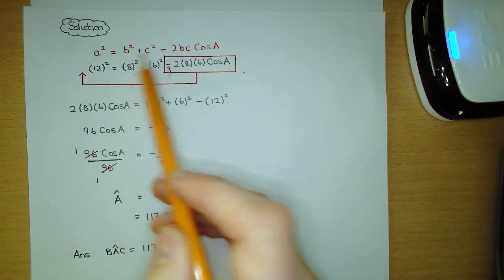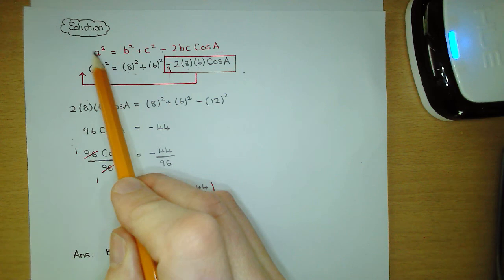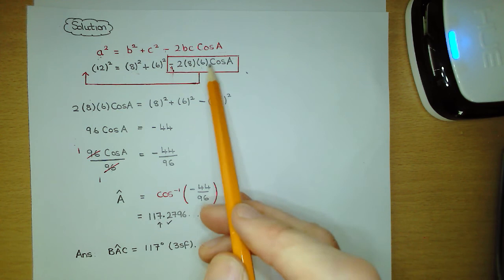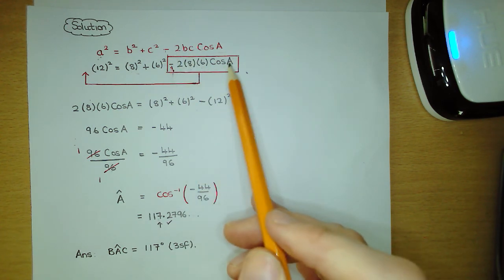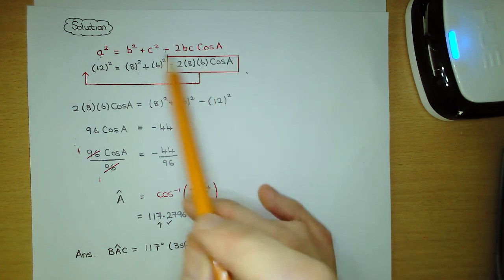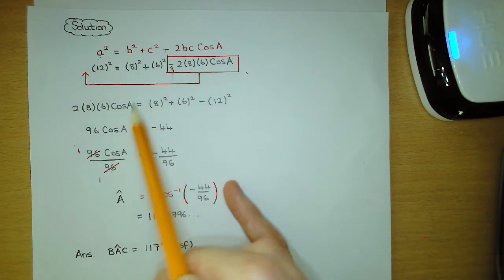So write out the appropriate version of the cosine rule. Remember, you start it with the lowercase letter that corresponds to the angle that you're trying to find. Sub in all the values, and then you'll notice that the term that contains the unknown angle is always negative. So put a box around that entire term and then shift it to the other side, and that will make it positive.